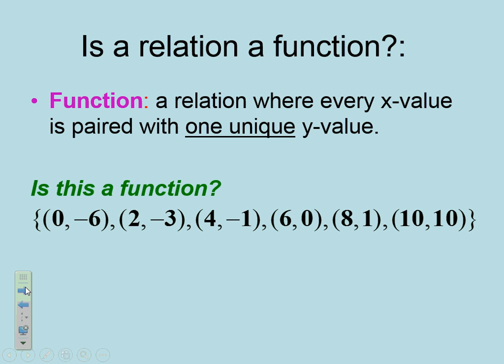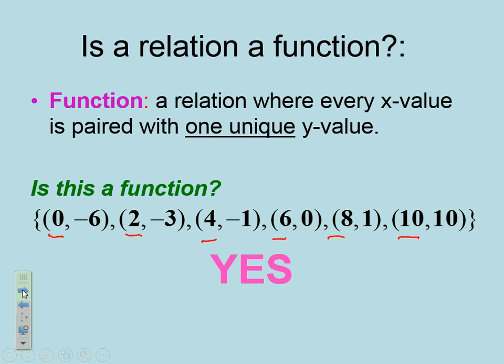So here's a set of ordered pairs. If we look through all of these, we want to look at our x values. Our x values all have to be different. So we have 0, 2, 4, 6, 8, 10. They're all different. Since they are all different, this is going to be a function. So yes, this example is a function.